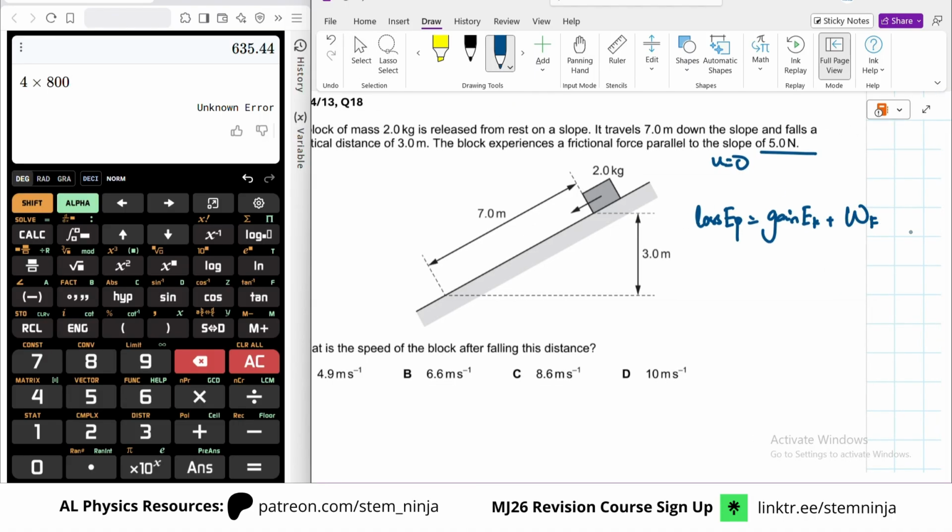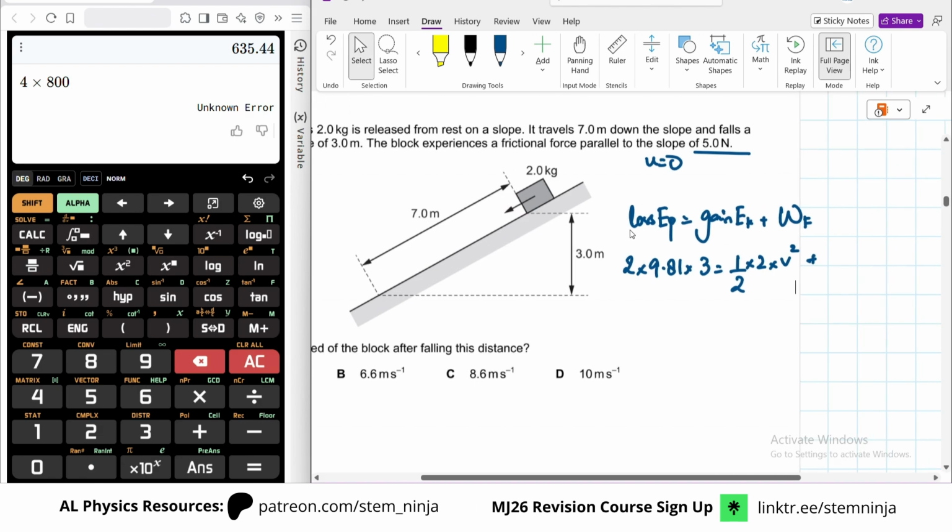I'll just write it as WF. So loss in EP is 2 times 9.81 times 3. Since it is released from rest, U squared would be 0, so half m V squared plus work done against frictional force, 7 times 5.